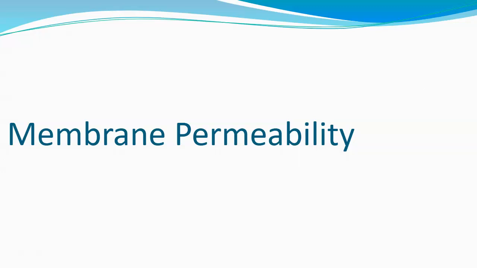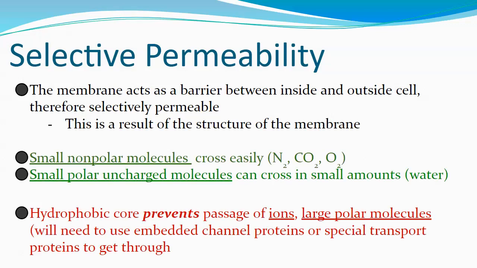Okay, now we're going to shift over to membrane permeability. And I touched on it a little bit, but the idea here is that the membrane is a barrier. And it's keeping the inside stuff in and the outside stuff out. But it is allowing certain things to leave and certain things like nutrients to come in. What can go through and what can't?